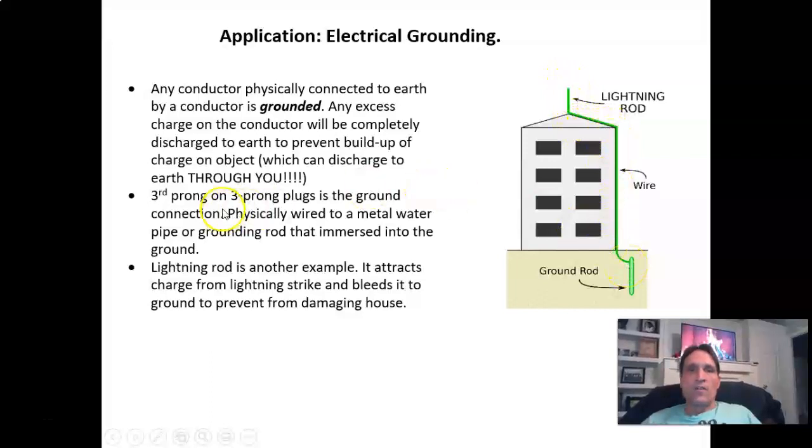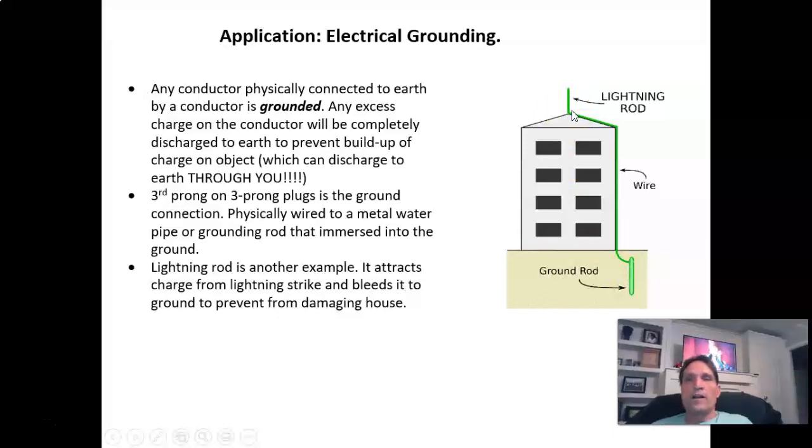Another example is a three-prong plug. If you have a three-prong plug, the third prong is a ground connection. And that ground connection is connected to a wire, and that goes to one of your copper water pipes, and that's connected to ground. And so that bleeds charge from an appliance. If any charge were to build up, that would bleed the charge to ground.